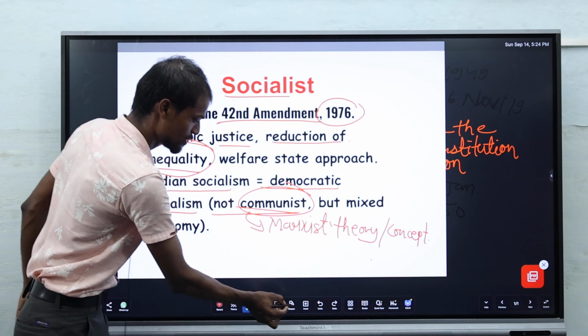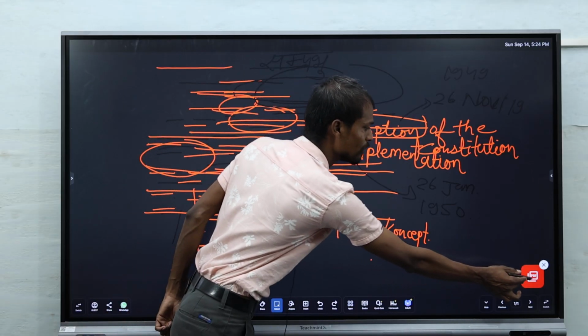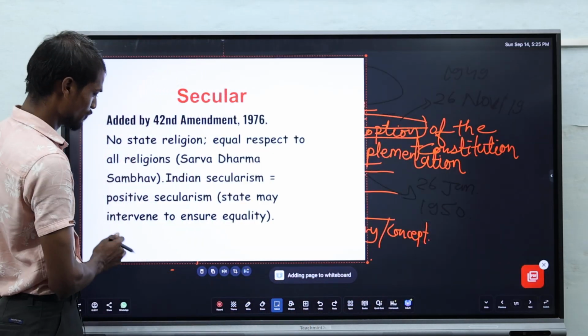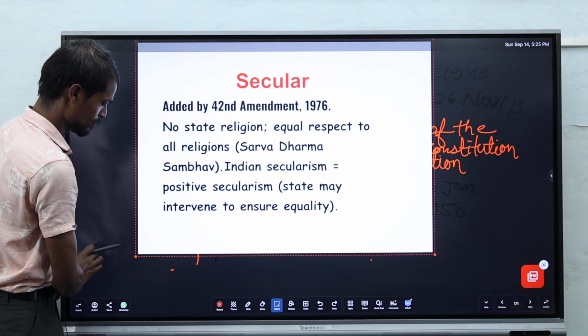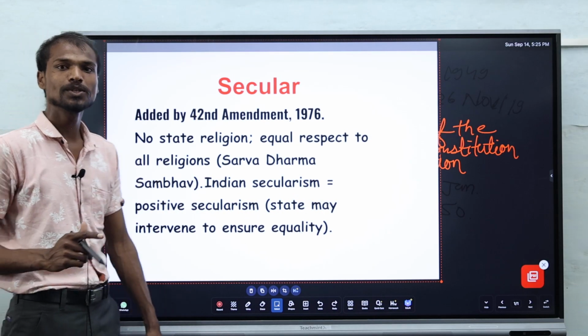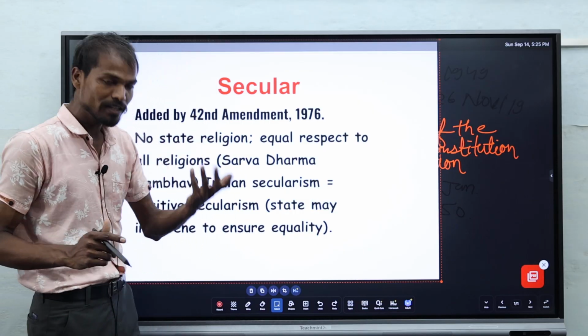Now the next concept after socialist is secular. What does secular mean? Secular means that India does not have any particular state religion.